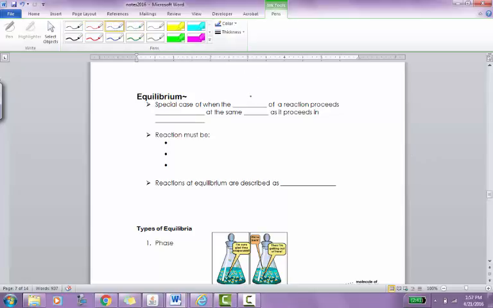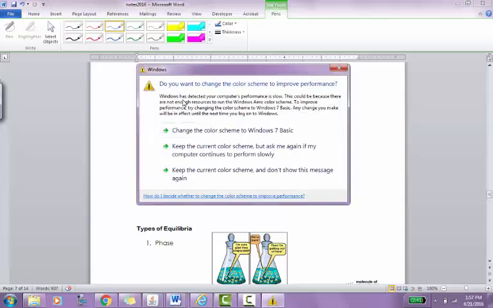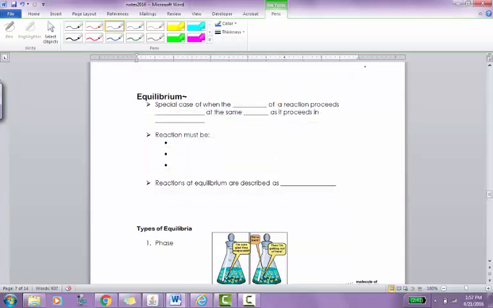I think it'll help. Equilibrium is this idea that we actually have used throughout the year, but I've never really called it this. Equilibrium is this idea that a forward and a reverse reaction are occurring at the same time, but it's a special time when the rate, or the speed, of a reaction in the forward direction is the same as the rate at which it proceeds in reverse.